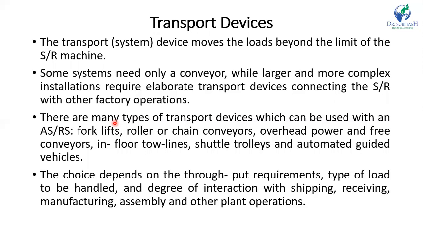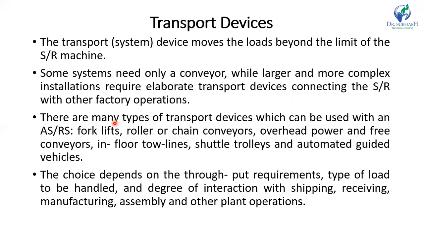There are many types of transport devices which can be used with an ASRS: forklift, roller or chain conveyors, overhead power and free conveyors, in-floor tow lines, shuttle trolley, and automated guided vehicles. The choice depends on the throughput requirement, type of load to be handled, and degree of interaction with shipping, receiving, manufacturing, assembly, and other plant operations.